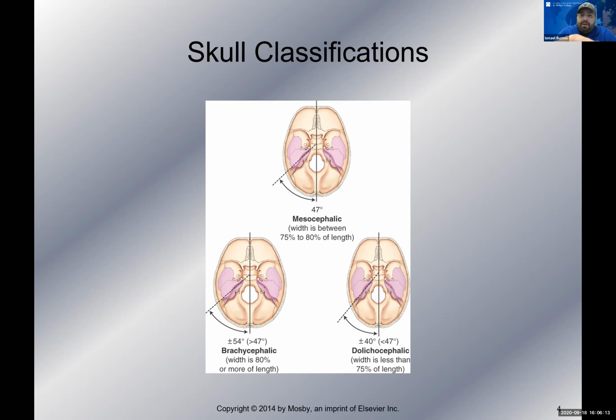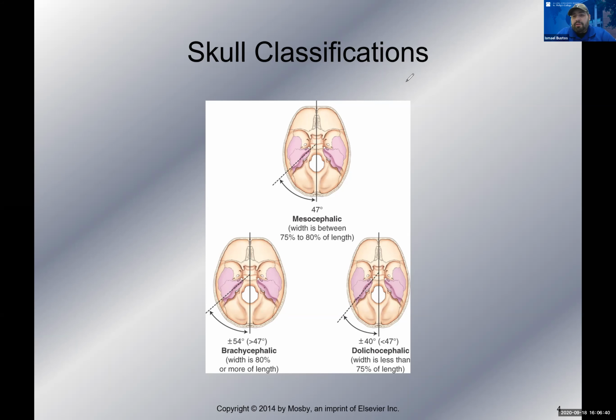Again, the width here is 80% of that total length. If that's the case, then you have a brachycephalic. The last type of skull is the dolichocephalic, which is a more narrow, longer skull. If you notice there, the length is a lot more than the width. So if the width is less than 75% of the length, then it's considered a dolichocephalic.